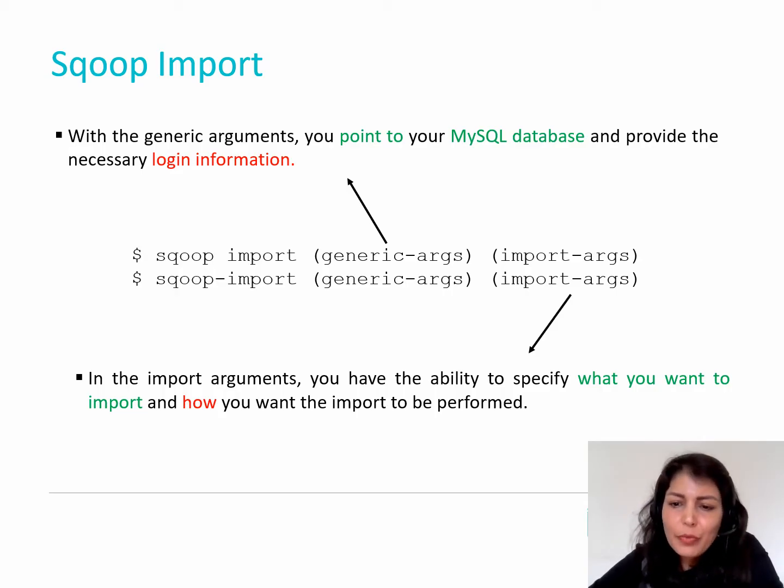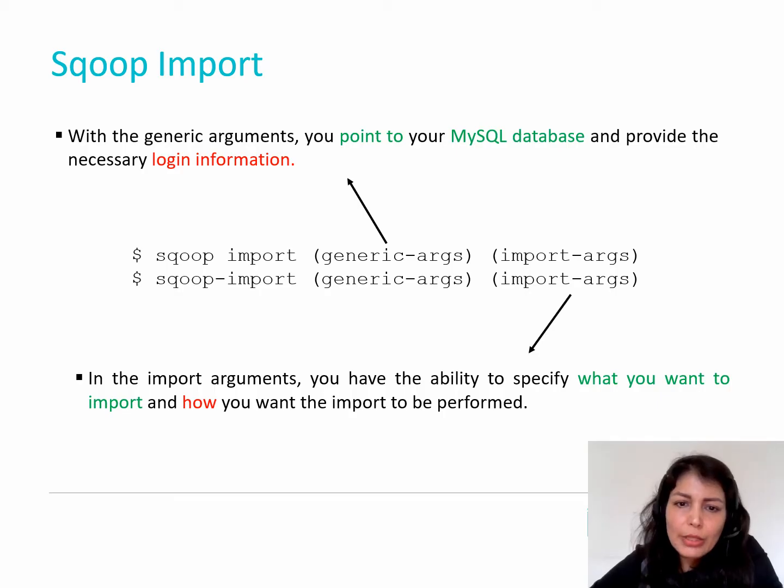In generic arguments, you can give general information for connecting to the database. In this module, we use MySQL database, so whenever we say database in a traditional system, we mean MySQL.